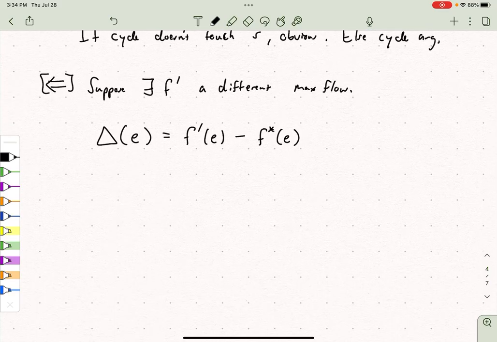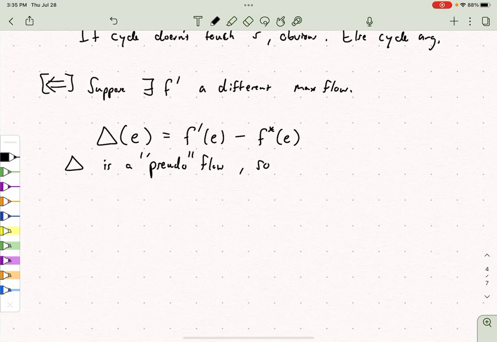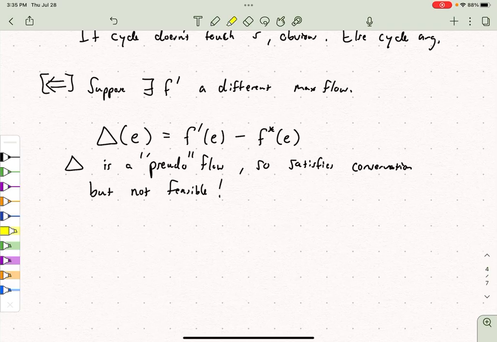The first thing to notice is delta is called a pseudoflow. What this means is it satisfies conservation, but it could be negative or it could be larger than the capacity.